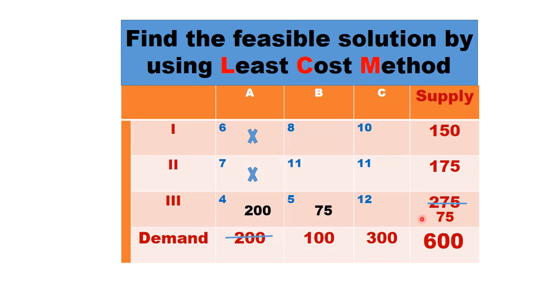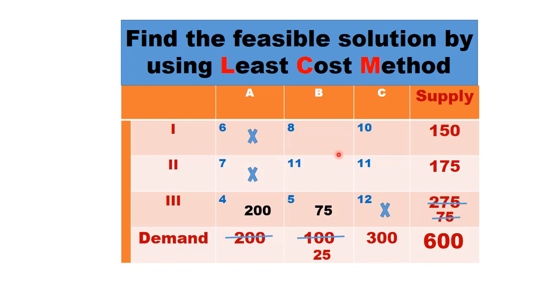After allocating 75 units, the supply is saturated. Out of the 100 units requirement, we have allocated 75 units to warehouse B. The rest of the units are 25. The supply value is already saturated, so we have to eliminate this cell.